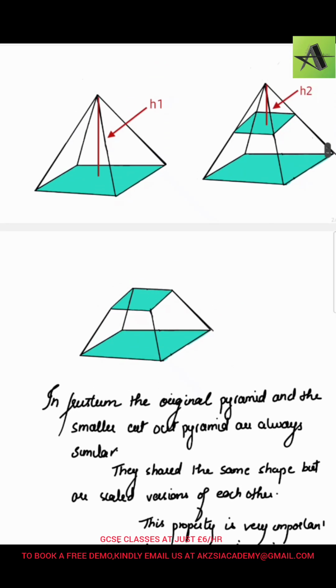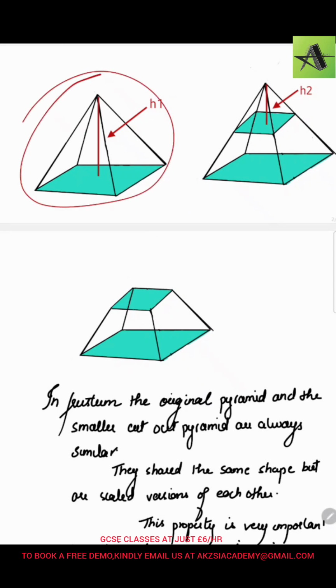when you are chopping off the upper part, the smaller part is also a pyramid and the bigger one is also a pyramid. That means this whole shape you can clearly see is a pyramid. If you cut down its upper part, that is your small pyramid, still that will be a pyramid.